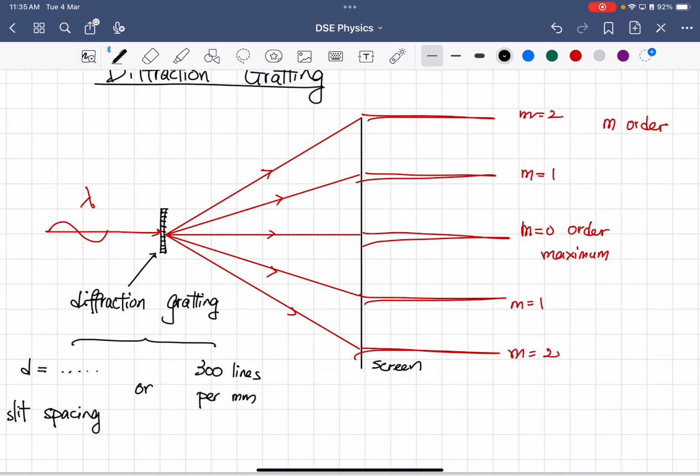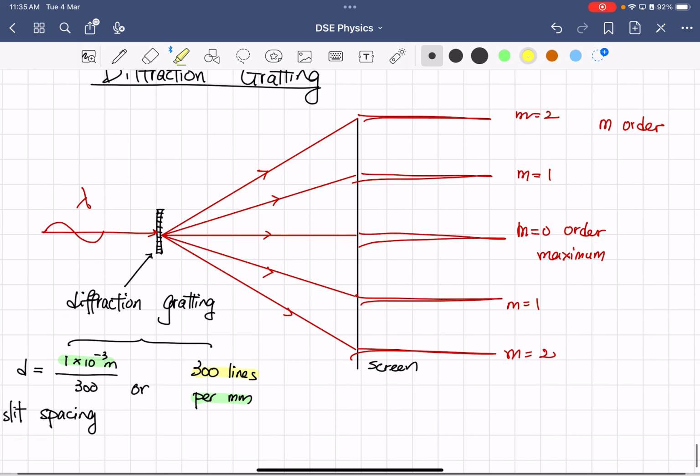Then we need to find d ourselves. 300 lines per mm means that in 1 mm, that is 1 times 10 to the power minus 3 meter, you divide this length into 300 identical pieces, so divide by 300. Either this on the left or the one on the right tells you the slit spacing of the diffraction grating.